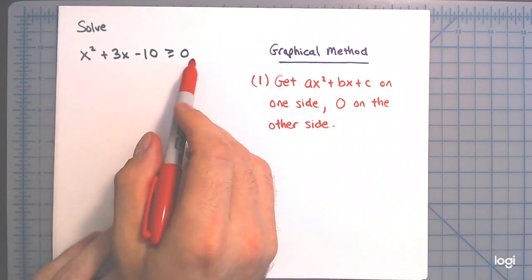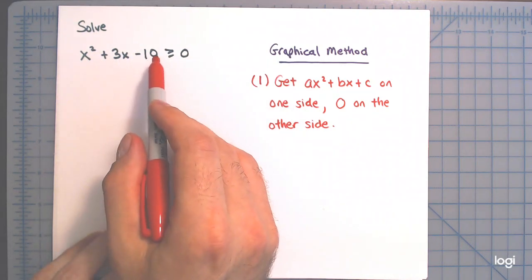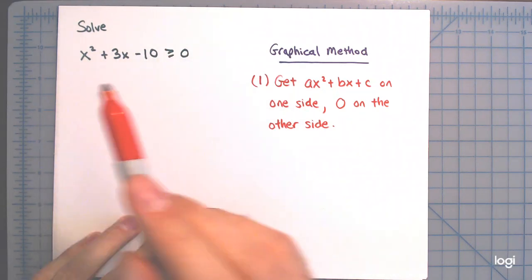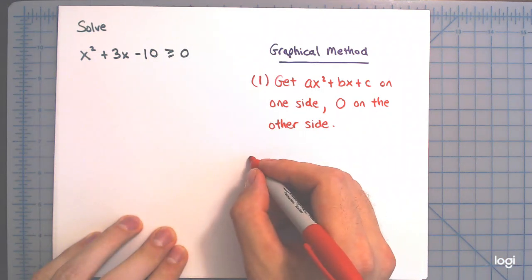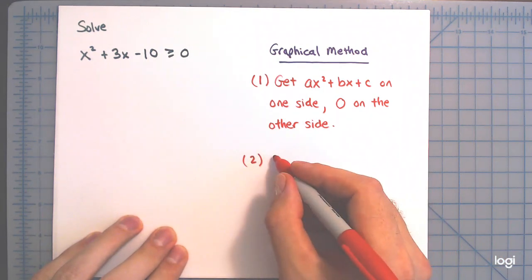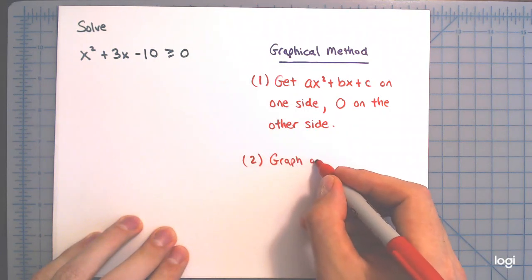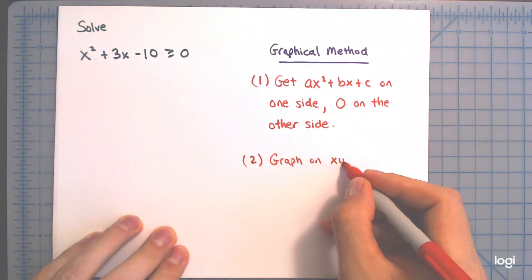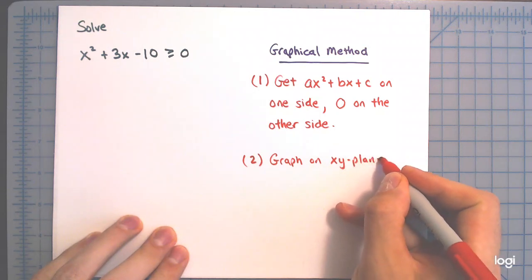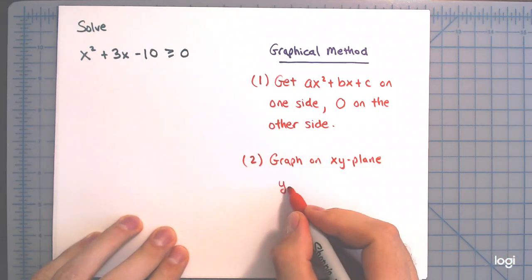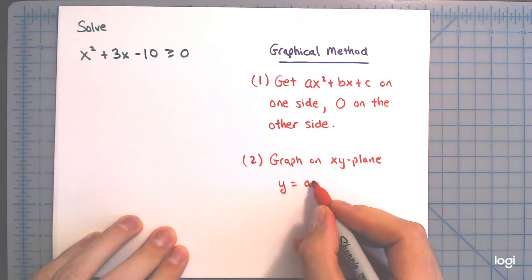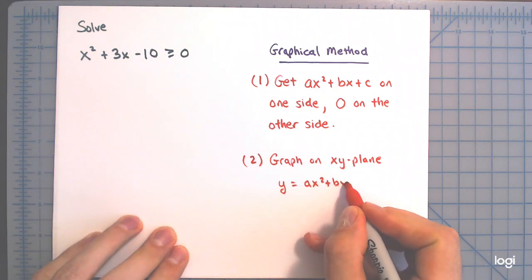Which is already done here: I've got ax squared plus bx plus c is greater than or equal to 0. Then we're going to look at the graph on the xy plane, the function y equals ax squared plus bx plus c.